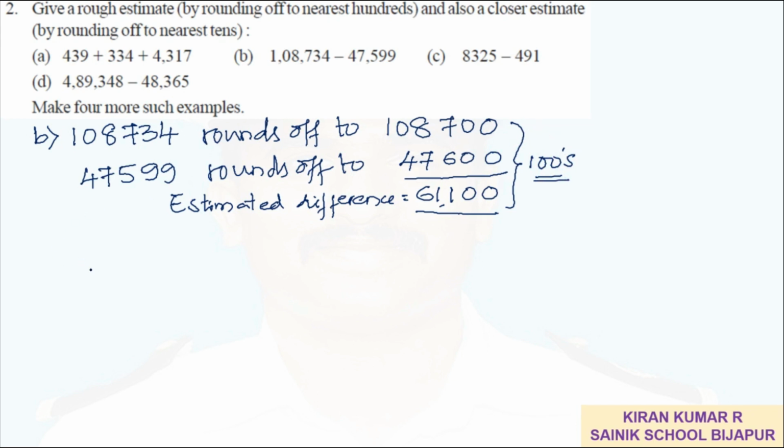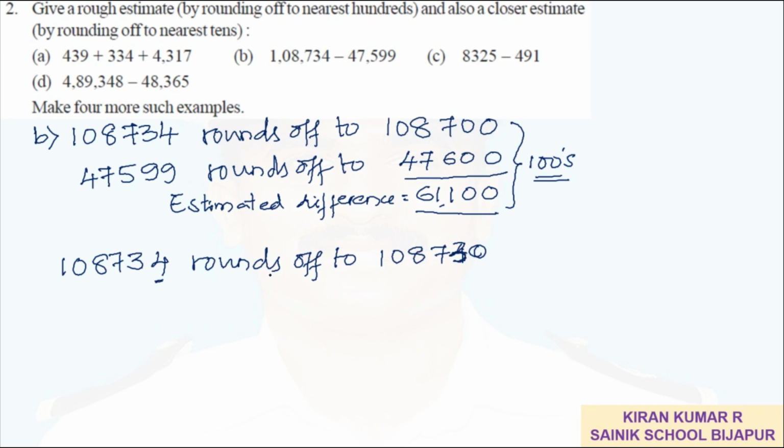Now let us do the same thing for the nearest tens. So 108,734 when rounded off to the nearest 10 rounds off to 108,730 because the units place is 4, which is less than 5. Same way, 47,599 you round it off. You have to look at this units place.